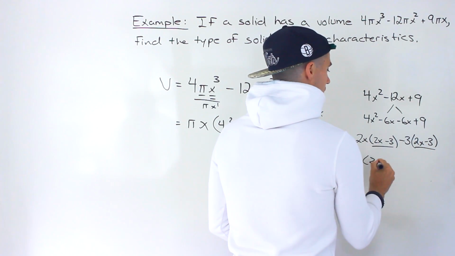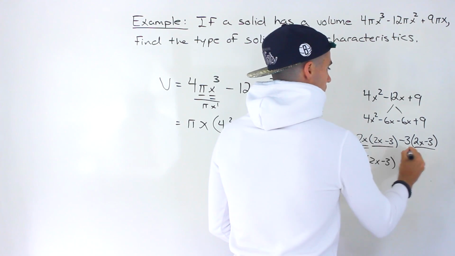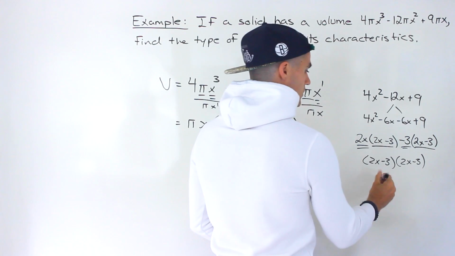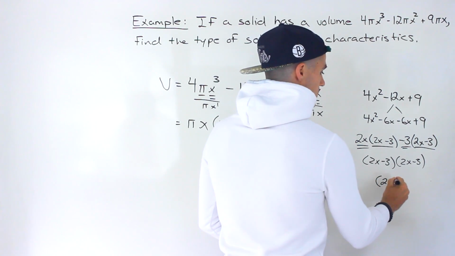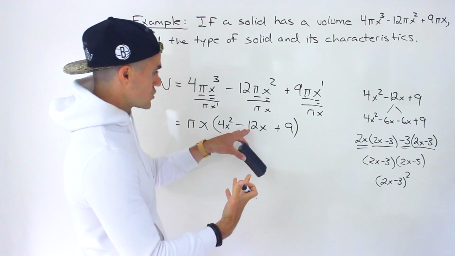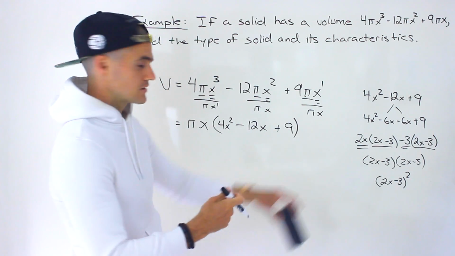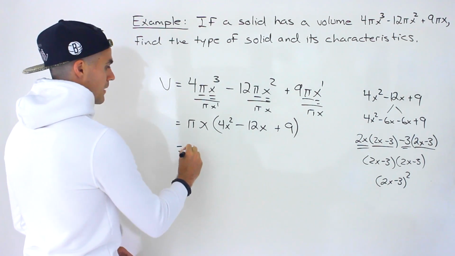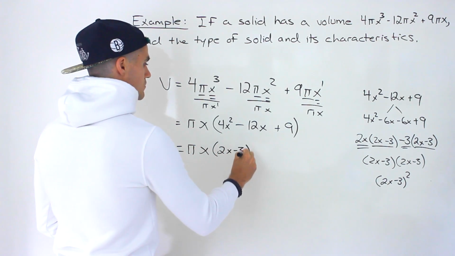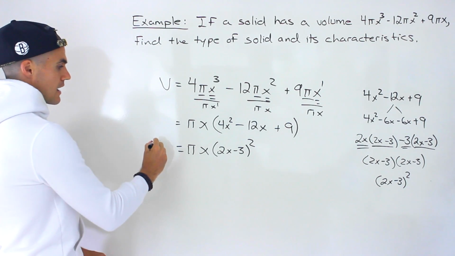Then we could take out that bracket, and we're left with a 2x minus 3. So in this case, it's a perfect square trinomial, 2x minus 3 times 2x minus 3, which is 2x minus 3 squared. So this bracket factors into that, and we end up with pi x times 2x minus 3 squared.